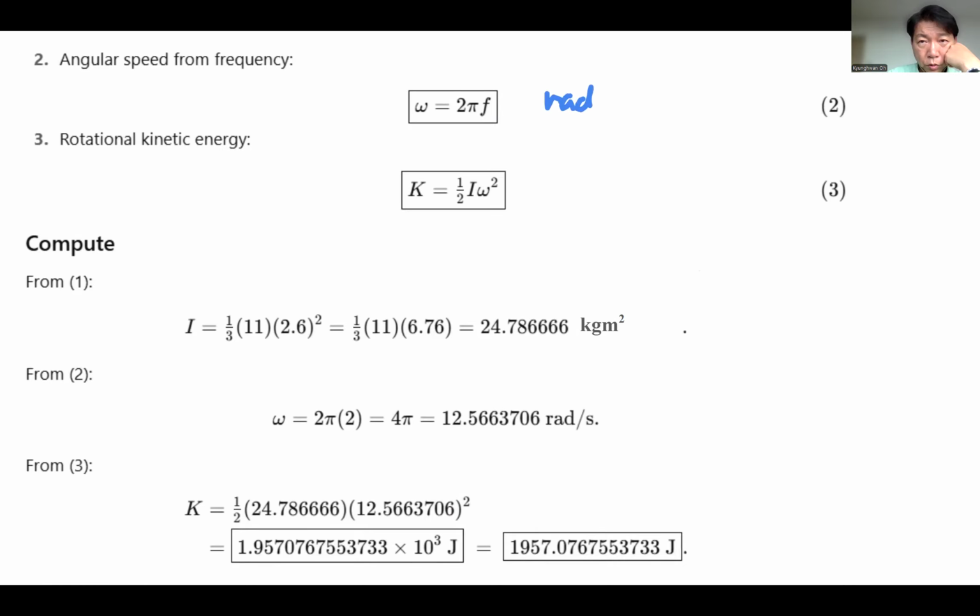Note that this unit is very important, radian per second. And then if you multiply out the total formula, which is given by 1/2 I omega square, you can find this in joules, okay? So having radian per second for omega is the key point here.